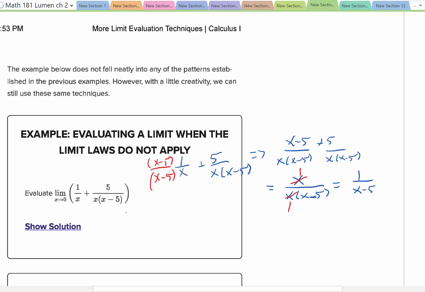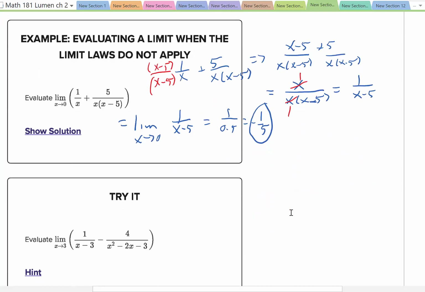So this becomes the limit as x approaches 0 of 1 over x minus 5. That's going to be 1 over 0 minus 5, or -1/5. That's pretty cool. Aren't you glad you learned all those rational expression rules? Okay, moving on.